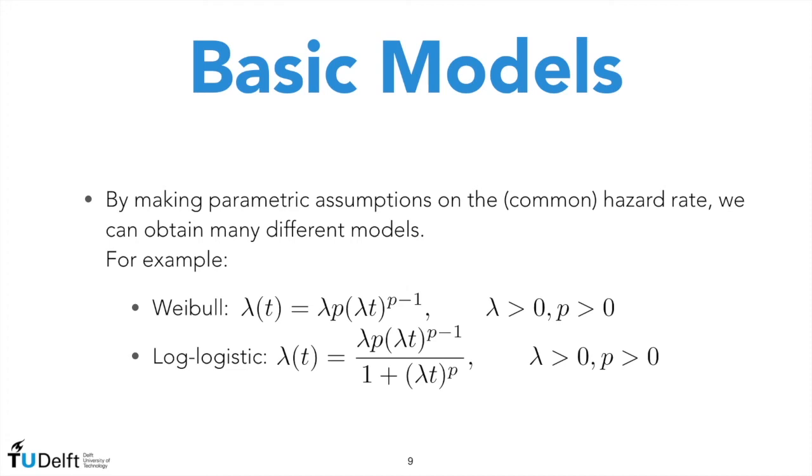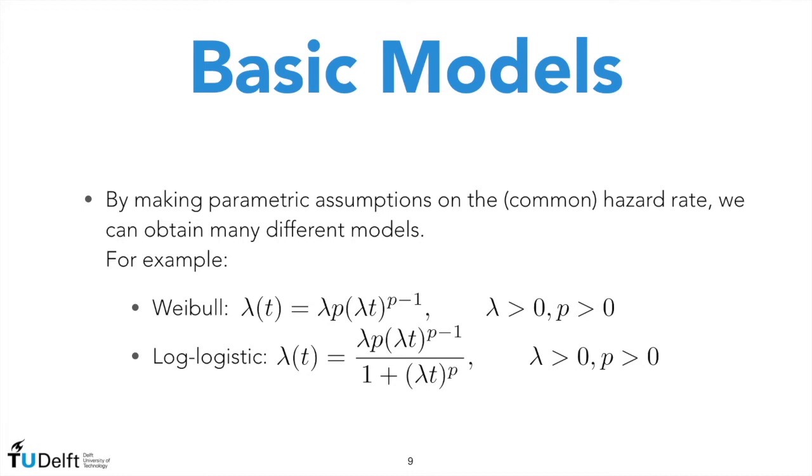Okay, the Weibull model is actually a very important model in survival analysis because it has very nice properties. It's a sort of basic benchmark model. As the name itself suggests, the Weibull model is a model in which we are assuming a Weibull distribution. For what concerns the hazard rate, you can see the functional form on your screen.